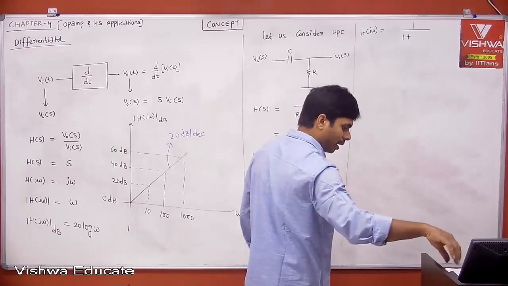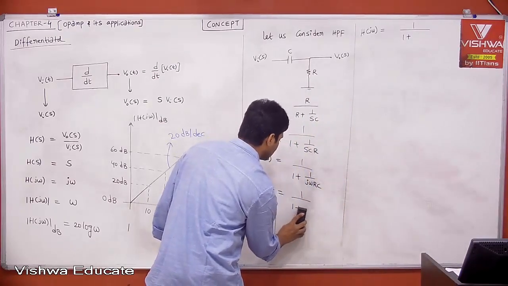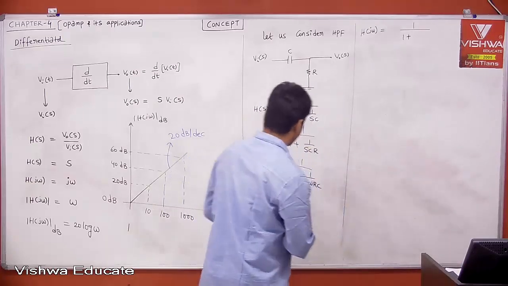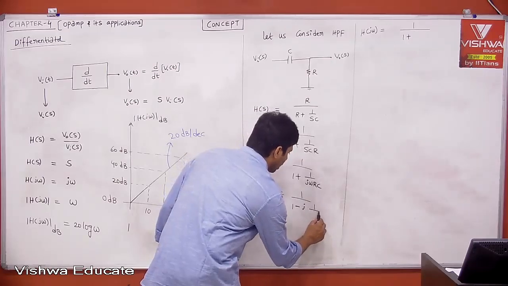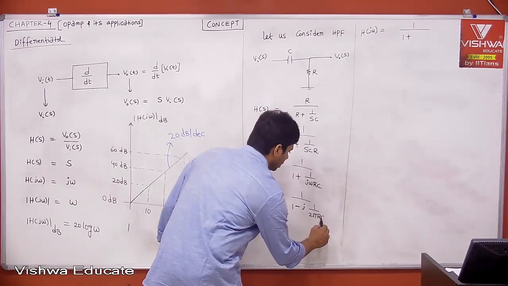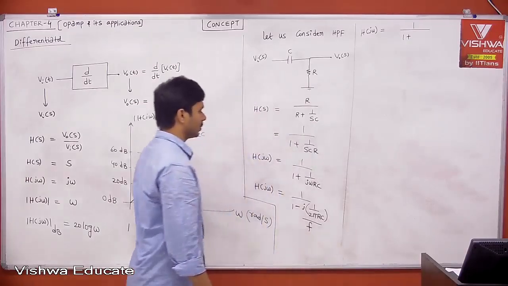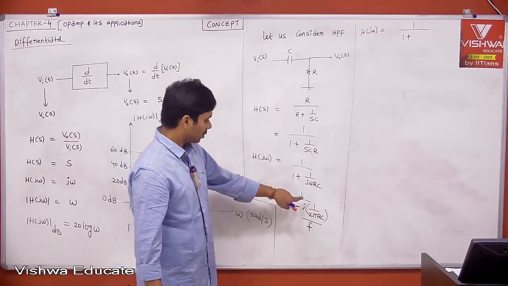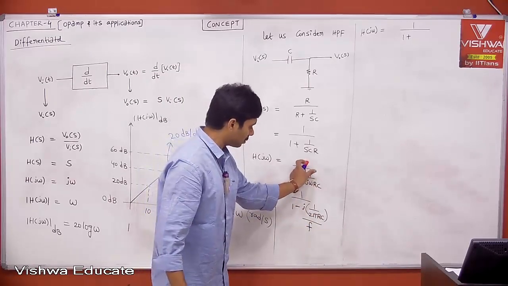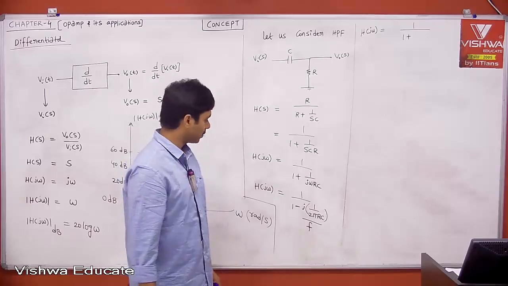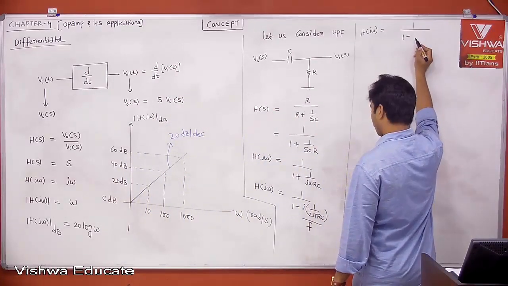Therefore, 1 by j becomes minus j, because 1 by j multiplied by j over j gives minus j. So it becomes minus j times 1 by 2 pi RC divided by f. Can I write like this? Yes, it will be j by 2 pi f into RC, but I have taken 1 by 2 pi RC as one constant and then 1 by f. Both are the same. Therefore, now tell me, 1 by 1 minus, what is it?